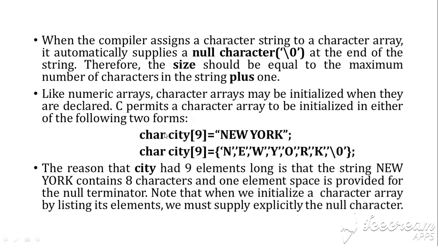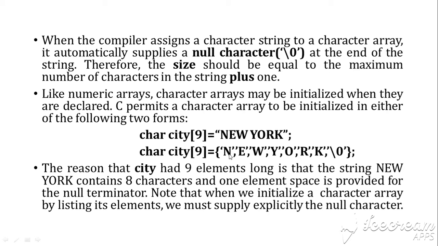So these are two probable ways in which character arrays or strings could be initialized. The first instance shows initialization of the character array called city using a string New York, whereas the second one shows the initialization of the same character array city using individual character constants.